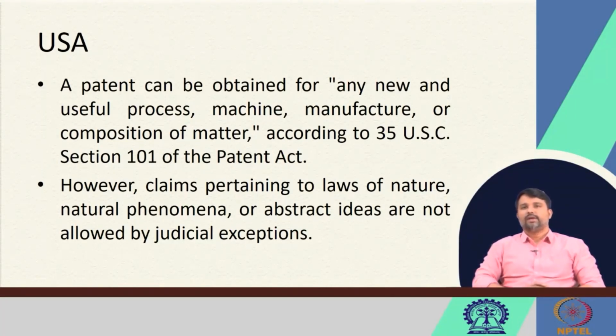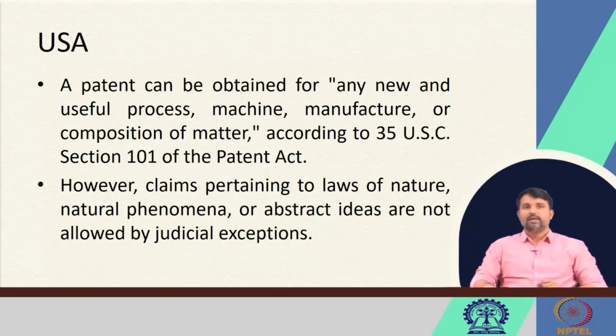In the US, a patent can be obtained for any new and useful process, machine, manufacture or composition of matter as given in 35 United States Code section 101 of the Patent Act. However, claims pertaining to laws of nature, natural phenomena and abstract ideas are not allowed by judicial exceptions.